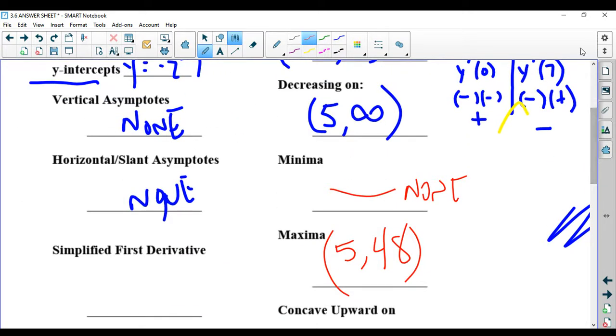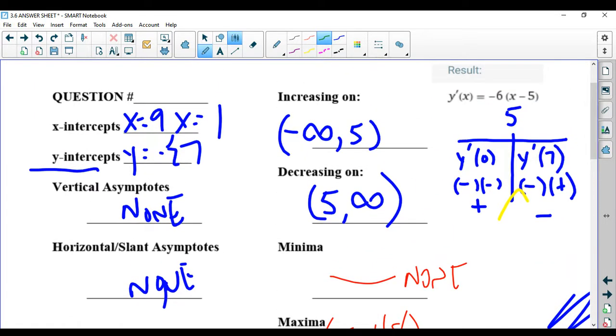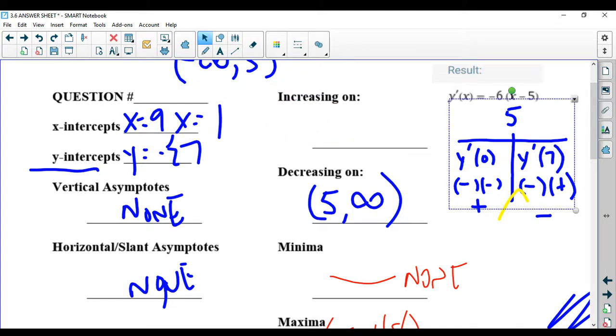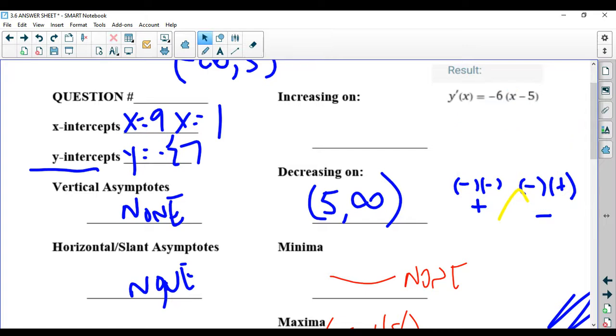So really quickly, I could have used the second derivative test here to do the mins and maxes first. This might save you some time, so it's worthwhile taking a look at this. So let me just undo everything that I just did here.